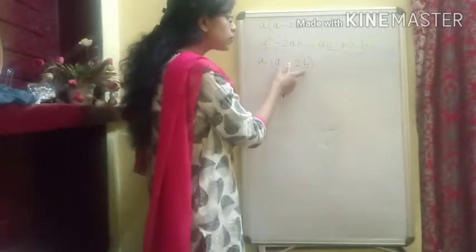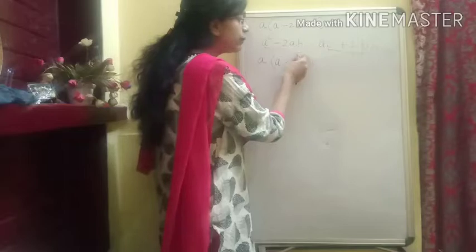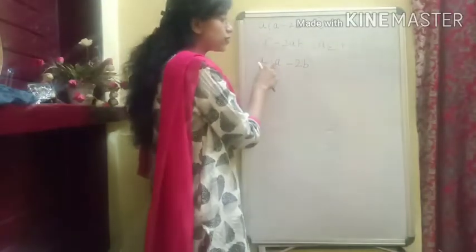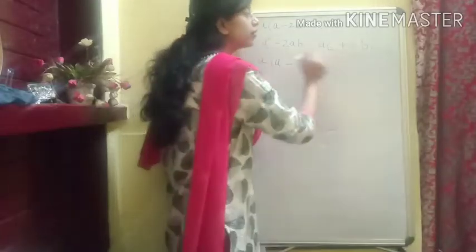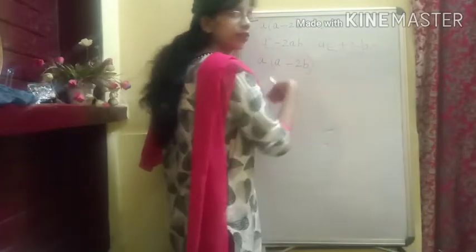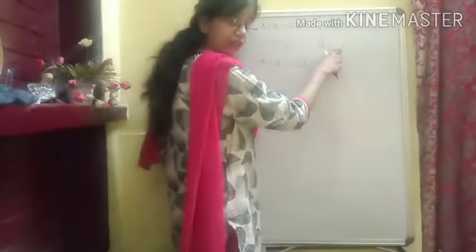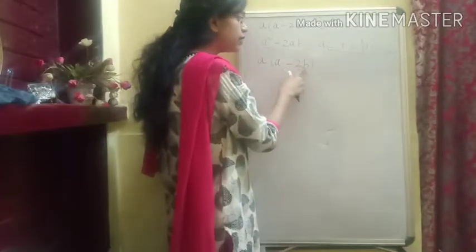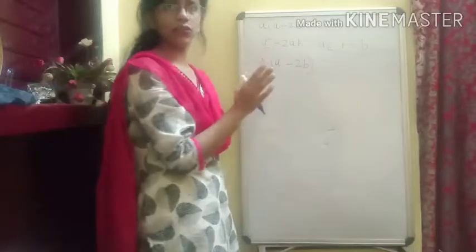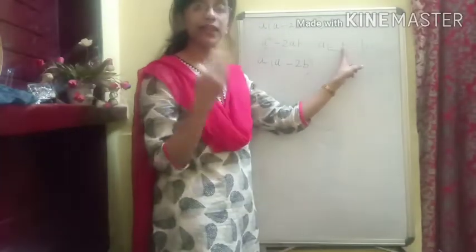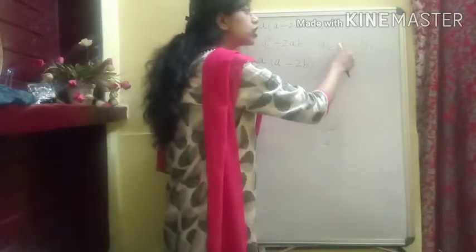Now in this first bracket, the b term is with minus sign and a is with plus sign. Here, the b is coming with plus sign, but in our first bracket b is with minus sign. That's how you can check. That means we want this term with minus sign. That means we have to change this sign.